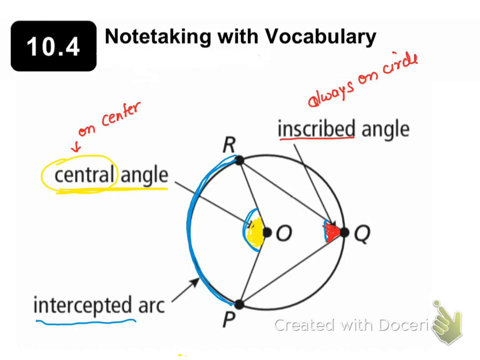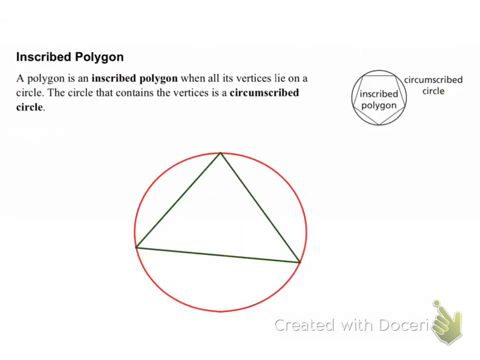When you connect the ends of the arc at the center, it makes a central angle, and when you connect them to the circumference, it creates an inscribed angle. So always keep in mind the difference between central and inscribed.